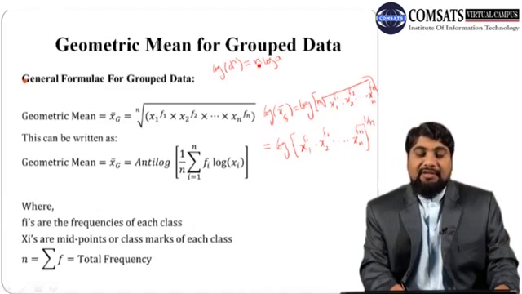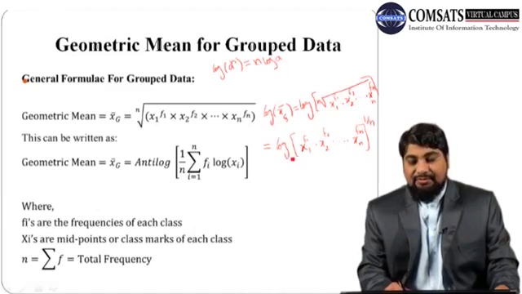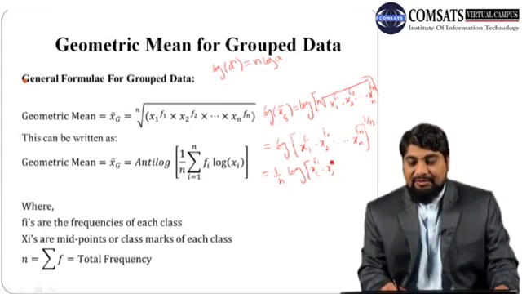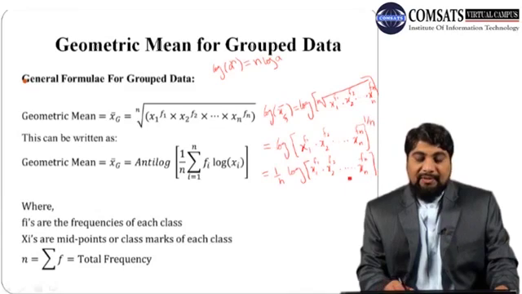So n log a. So according to this rule, this power is 1 over n, so we can write it as 1 over n at the start and then log of this same expression. So rest of the expressions will be as it is. So xn fn.